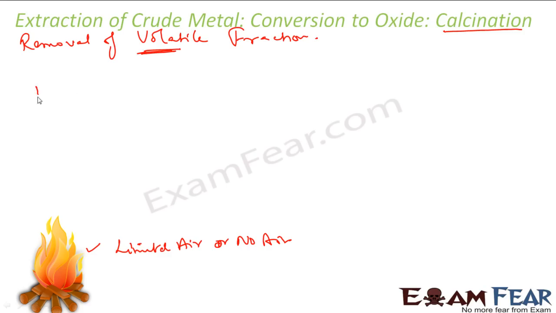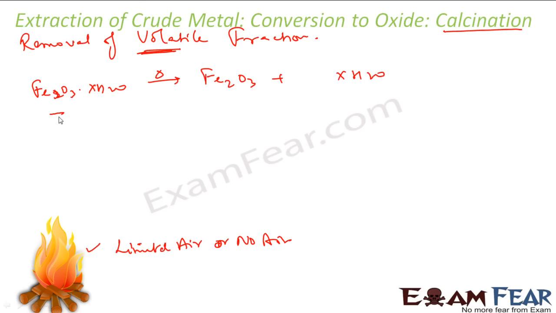For example, I have Fe2O3. It has some water component also in this ore, but it is good to have Fe2O3. So we'll heat it and you get Fe2O3, and the volatile component, that is water, escapes out.